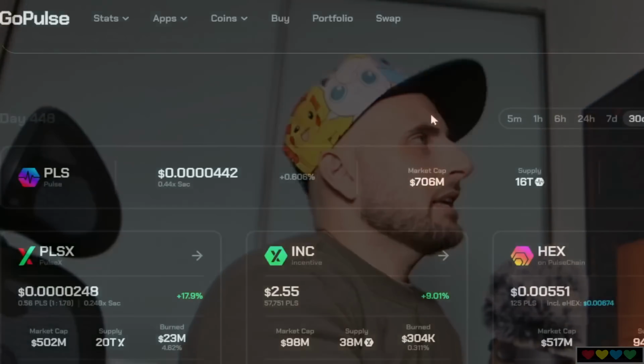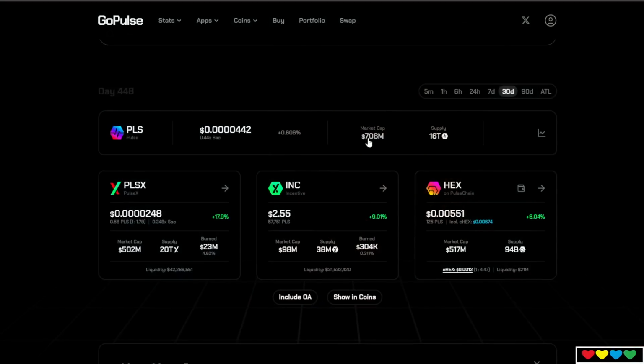I'm not 100% sure on that total liquidity number, friends, because Pulse market cap is only 700 million. From average metrics, if you take 1.5% or 2% of that as liquidity, you get 14 million.